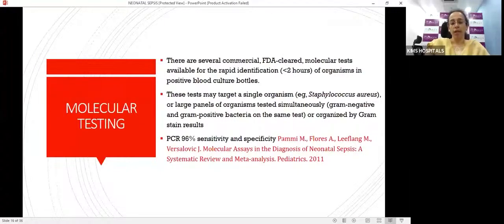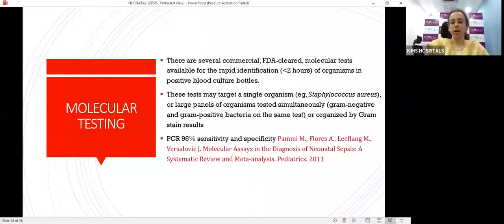There are also other methods of molecular testing. These are commercial FDA-cleared molecular tests available for rapid identification, in less than 2 hours, of organisms in positive blood culture bottles.